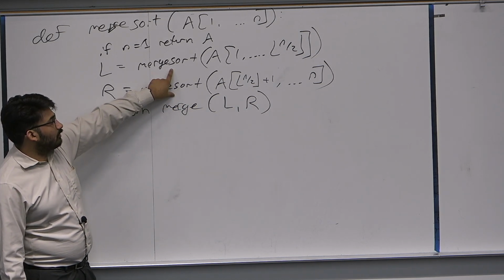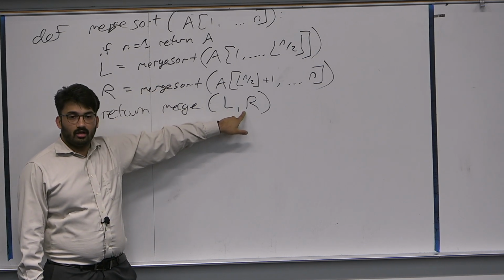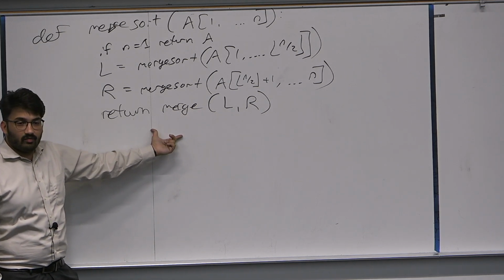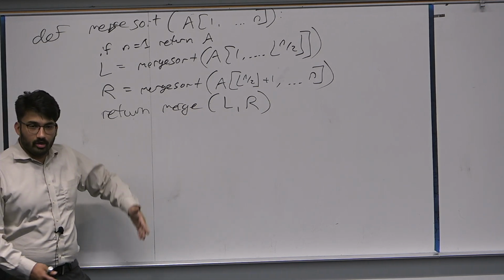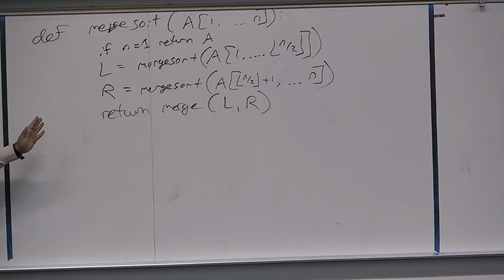So assume these return correctly, so these two arrays are sorted. Now all we would need to do is convince ourselves that merge is correct. So if merge is correct, then merge sort is correct. Done. So the correctness of merge sort relies on the correctness of merge. That's what we'll have to do in just a second.